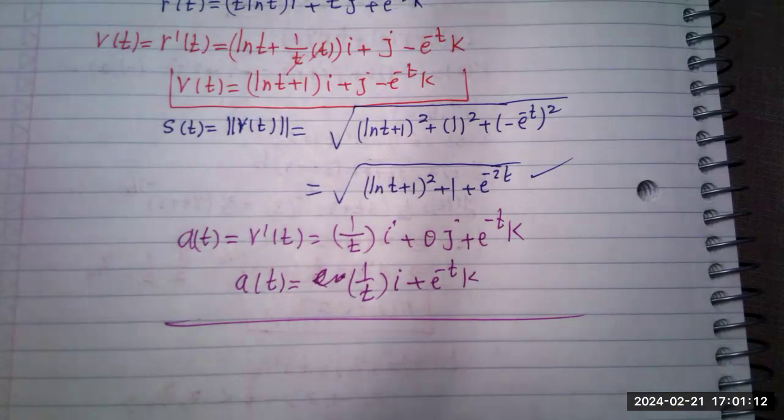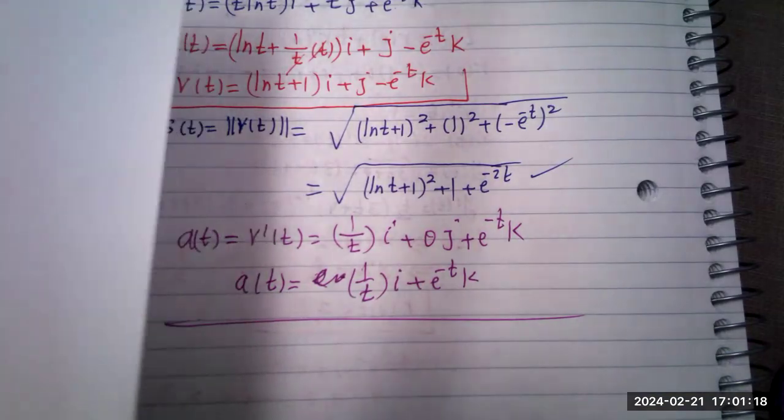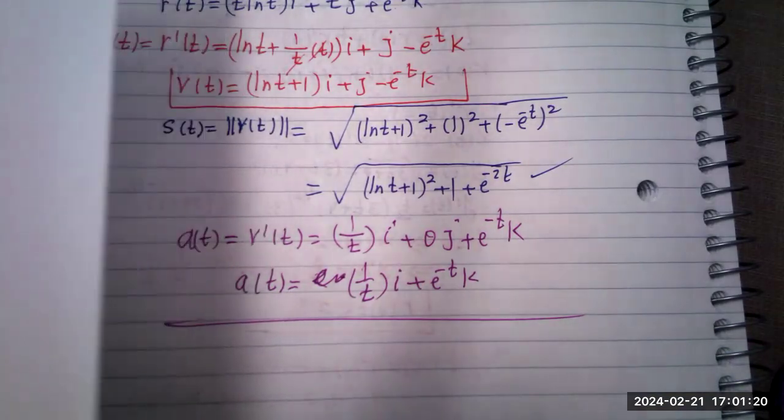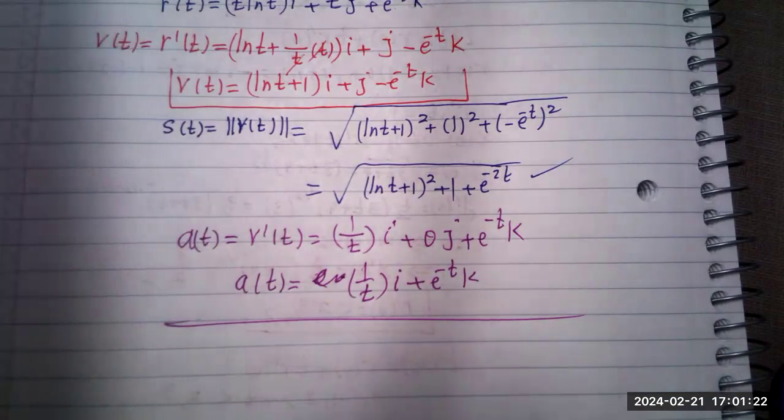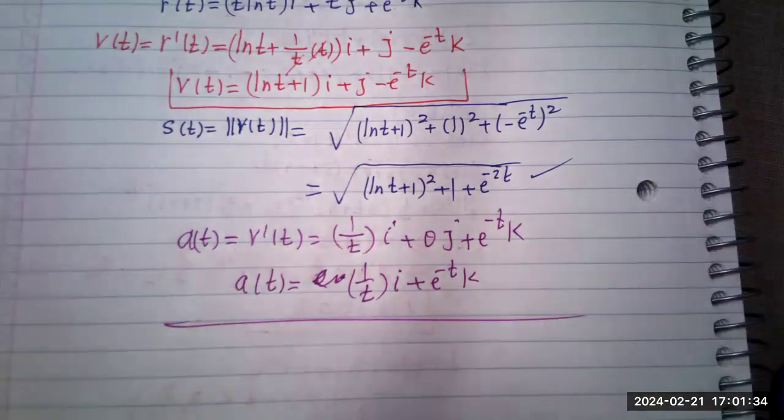The other version of this problem is problem number 16 and 17. Especially number 16, they ask to find out at what time the speed is a minimum. That's again a popular problem. We usually put all of them together as one question.